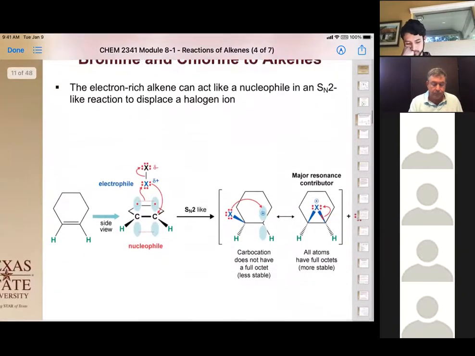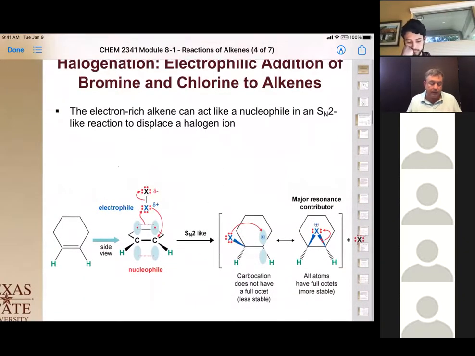So what it kind of looks like is we have this electron-rich alkene acting like a nucleophile and displacing a halogen ion in a halogen-halogen bond, okay? So we have the alkene reaching out and trying to grab at this bromine that has been polarized. The two electrons creating the sigma bond between the two bromines go off onto the halide as it leaves.